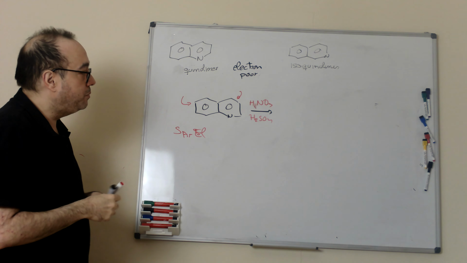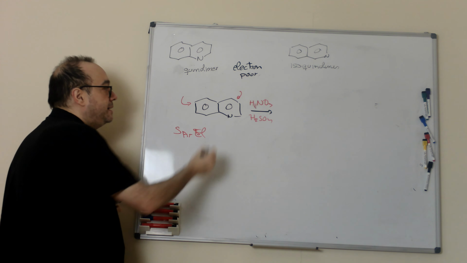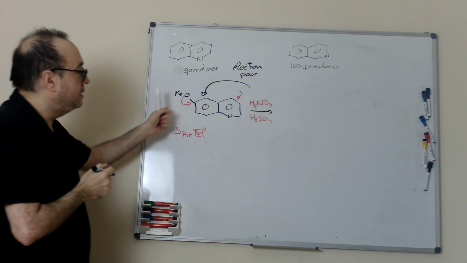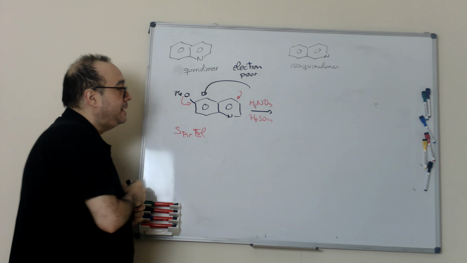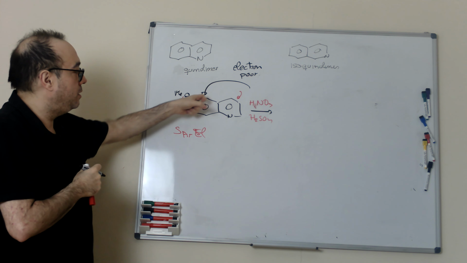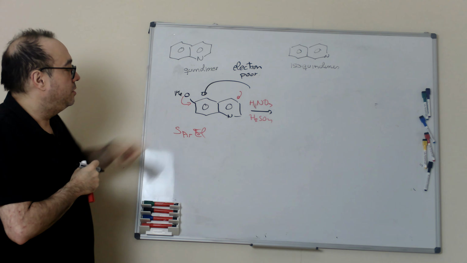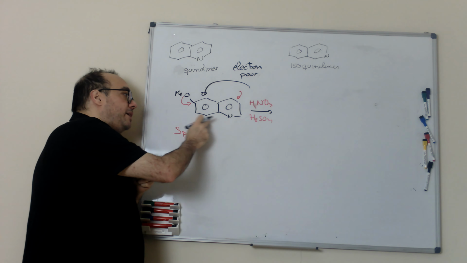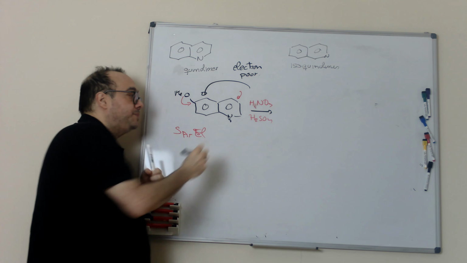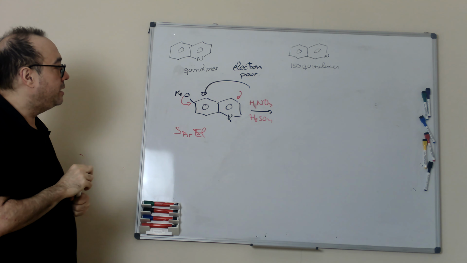What will happen is that the nitration will go to this ring. We will put an example. We add an activating group in order to make it easier. Okay, the nitration will go to the ortho position of the aromatic ring that doesn't contain the nitrogen. Okay?